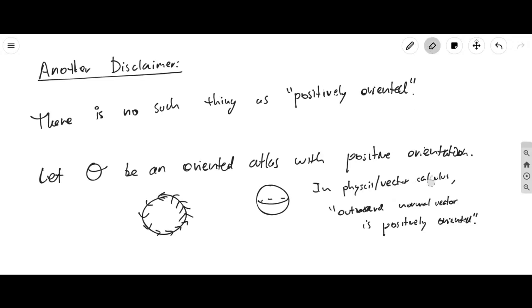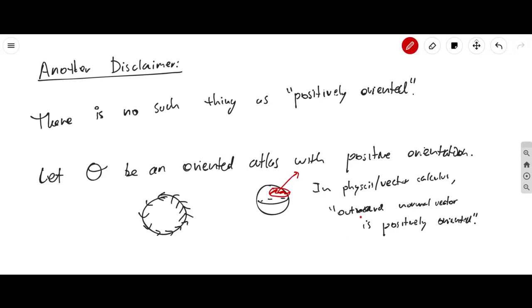So in physics or vector calculus, whenever you do those calculations with a line integral or a surface integral, which we're going to get to, by the way, we're just going to define it in a much more general way using differential forms, you would have to pick an orientation. If you have a certain chart for that portion of your surface, you would have to choose a type of chart that points to the outside, and that's the way you orient it.